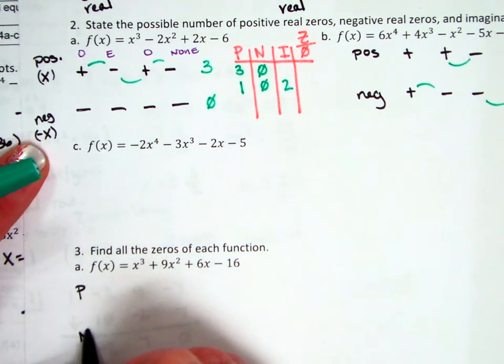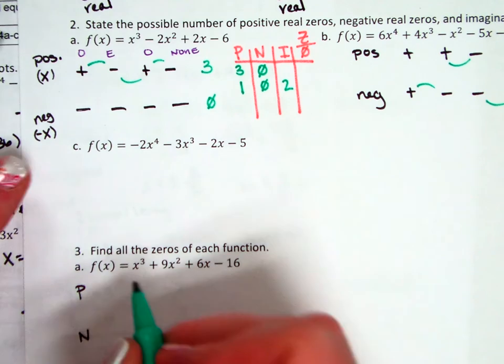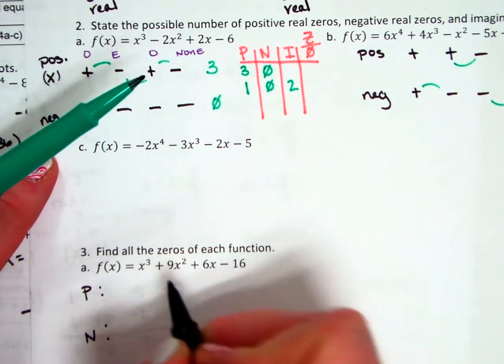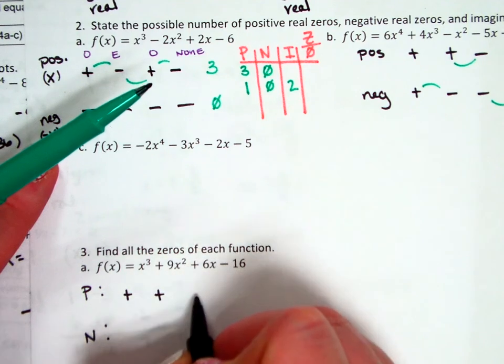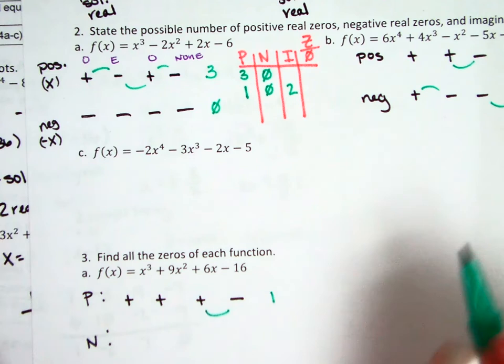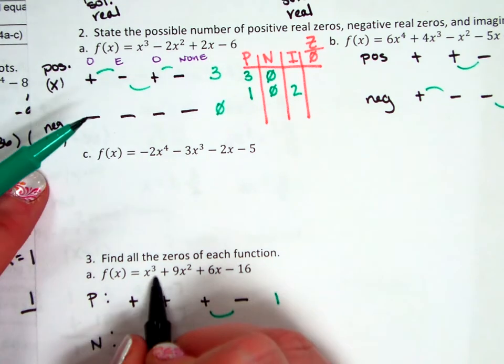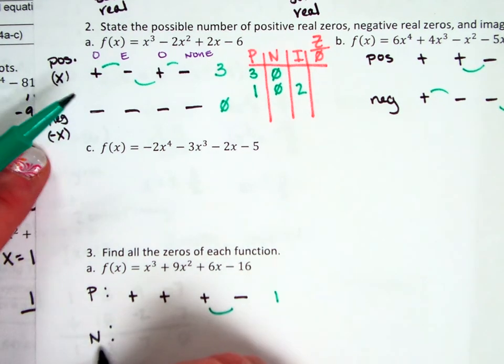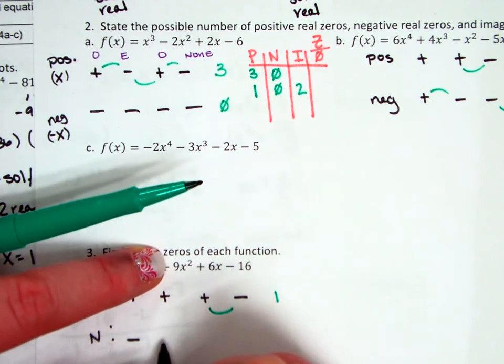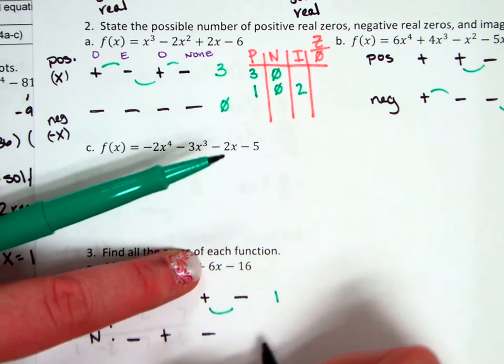Positive, negative. So I have positive, positive, positive, negative. So there's 1 sign change. And then negative, so odd changes the sign. Even stays the same. Odd, change the sign here.